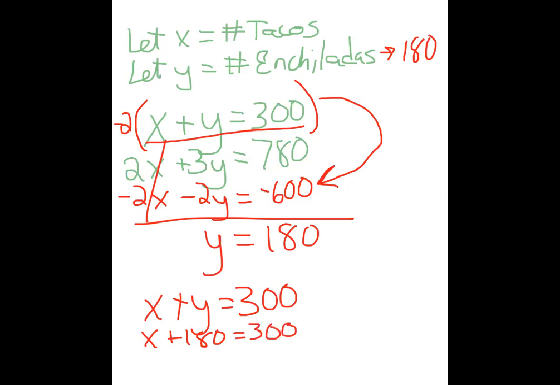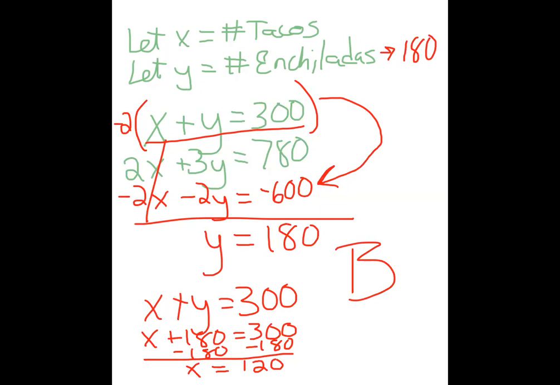So if I just subtract that 180 from both sides, turns out that x is going to be 120, and that is the number of tacos. So according to the escape room sheet, that 120 is a possible answer, and it corresponds with the letter B. So now I know that the first spot is going to be the letter B.